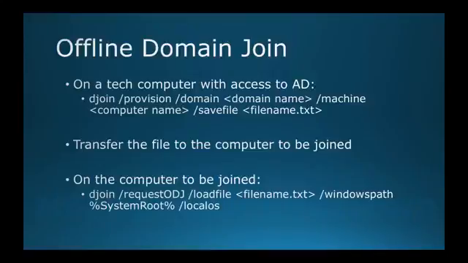Now you'll transfer that file to the computer to be joined, and then on that computer, you'll initiate a djoin /requestodj, offline domain join, /loadfile, and you'll basically load that file that you exported off of a computer with access to AD, and then you'd tell it the Windows path to the system root, /localos. And voila, you now have an offline domain join computer.